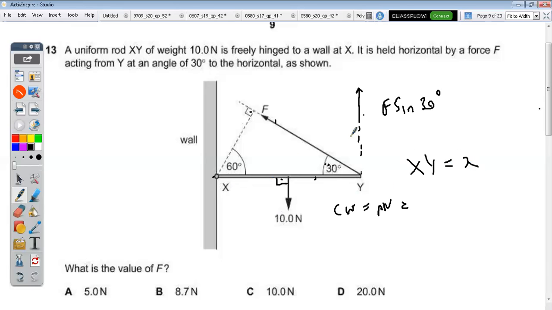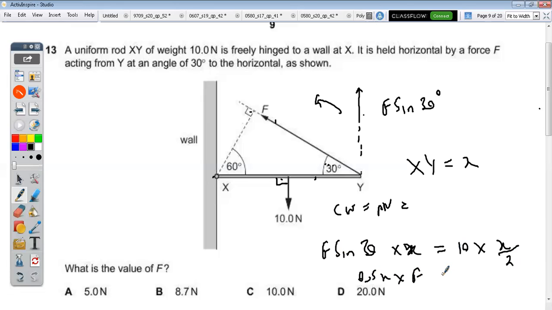The moment provided by the anti-clockwise moment is F sine 30 degrees multiplied by x, which is equal to the weight multiplied by half the distance, because the weight is central. That's why I said x over 2. Sine 30 is 0.5. So this is 0.5 x multiplied by F, equal to 10 x over 2.